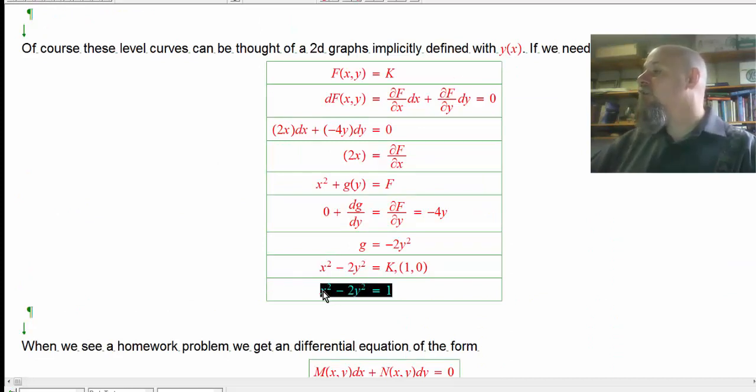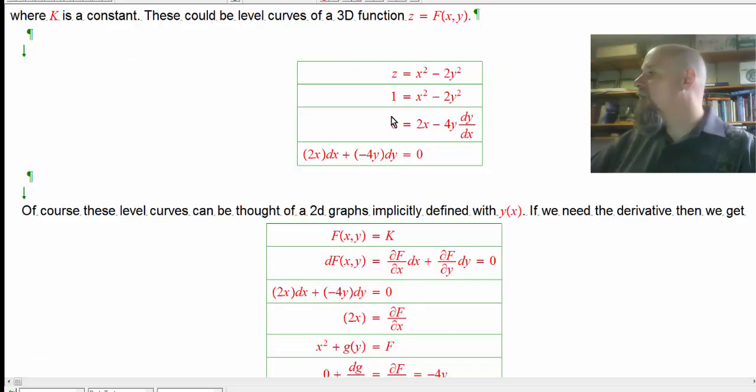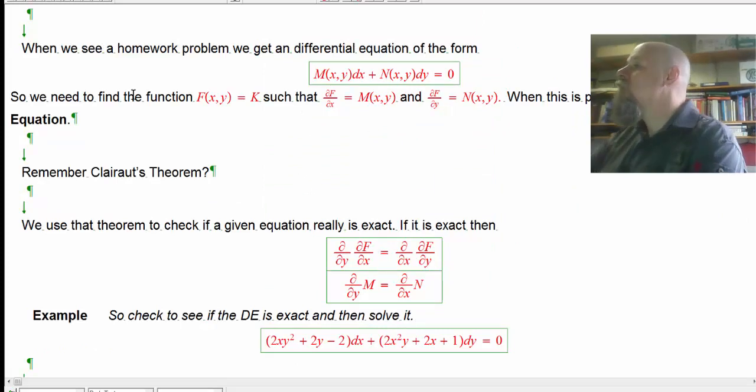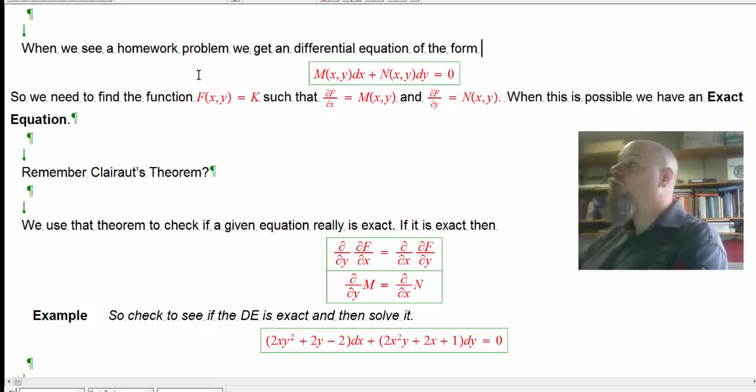Now, we sort of already knew the answer here because we started with the answer and made our question. Let's start with a question that we don't know. So, if I see a homework question that is supposed to be solved as an exact equation, we would have some function of x and y, M in this case, times dx, plus some function of x and y, N, in this case, times dy is equal to 0.